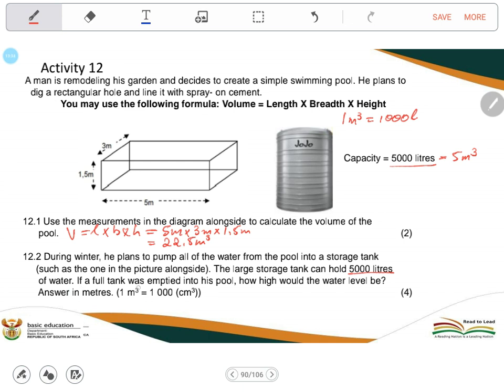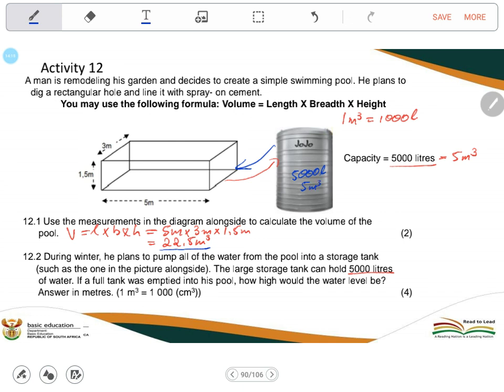So the water will be pumped out to this one here, and this is during winter, probably so that he can clean the pool. Then once it's done, he'll pump the water back to the pool. But now notice something, he will be pumping 22,5 cubic meters out, but this one can only hold 5,000 liters, which is 5 cubic meters.